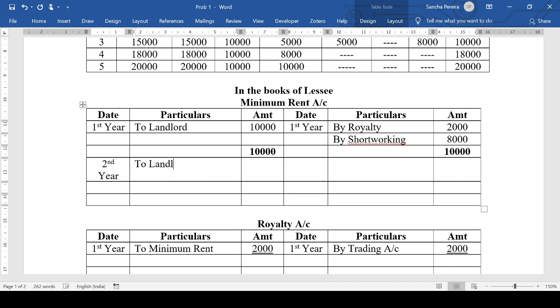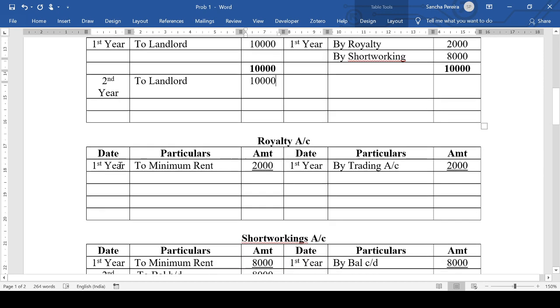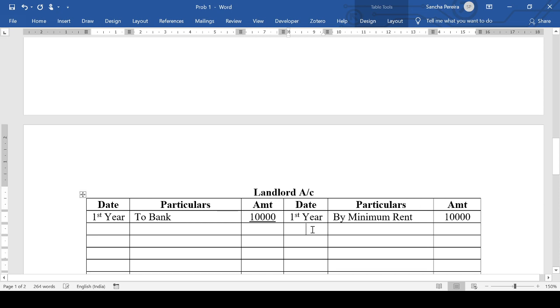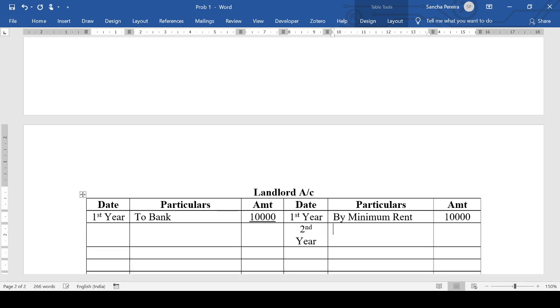Minimum rent again is 10,000. In the landlord account it will be by minimum rent.